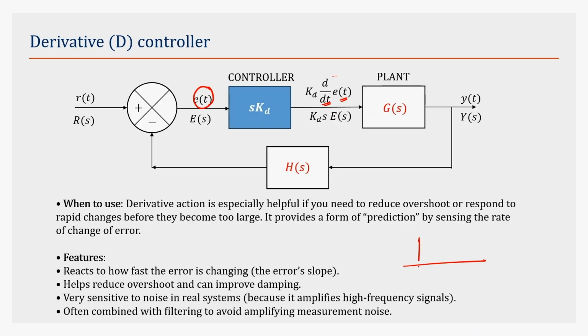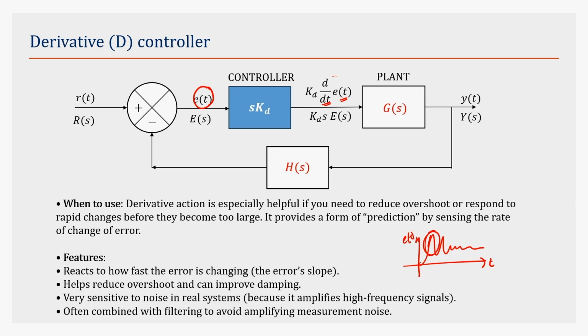Okay. So, in that way, think about it. Suppose this is the error signal. It is fluctuating quite a bit, right. So, what is the idea of the derivative controller? The derivative controller takes action on the rate at which the error signal changes.